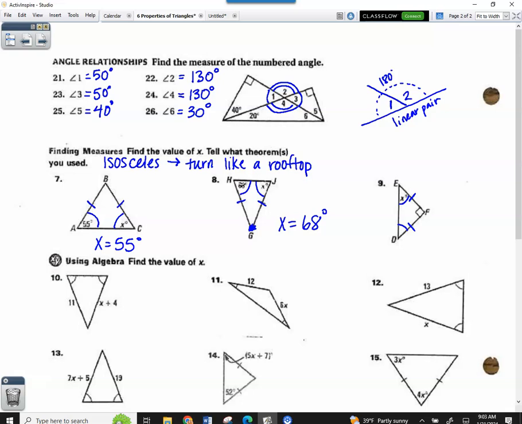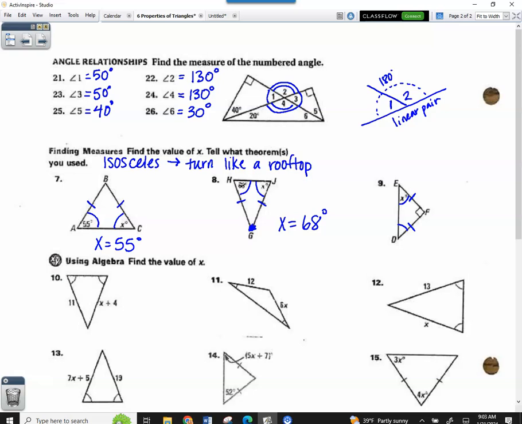You've got the square measures 90, so we know one angle. We also know, what about triangles and the angles? They all 3 add to equal 180, right? And what else do we know in the picture? We have congruent base angles.